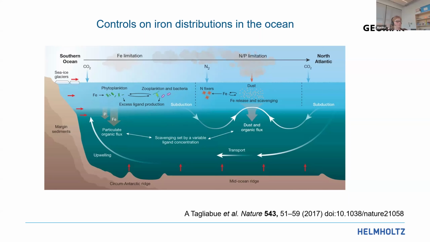So this is where chemistry comes into play. And we have to understand this in order to understand why iron has such a short residence time in the ocean and what the factors are that control that residence time and therefore control the overall iron inventory.